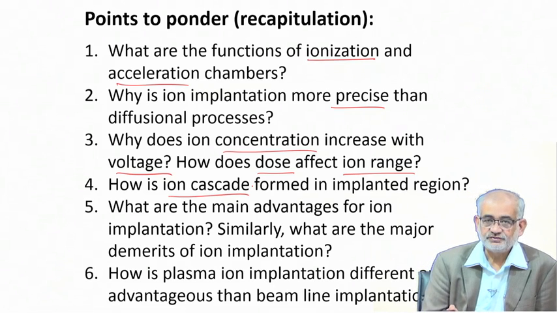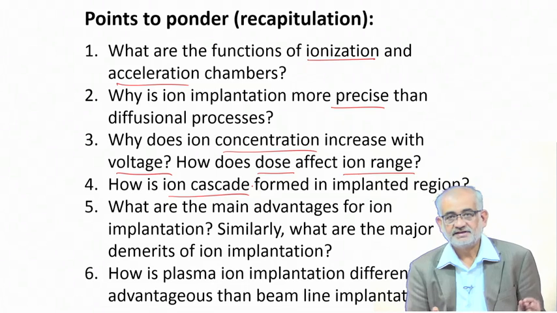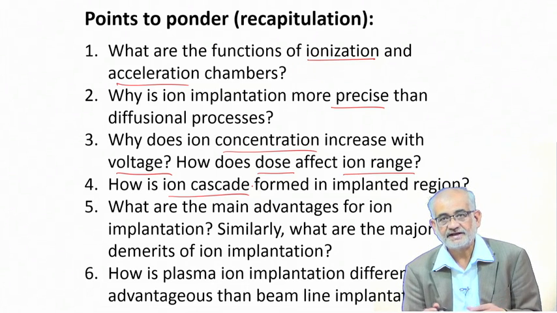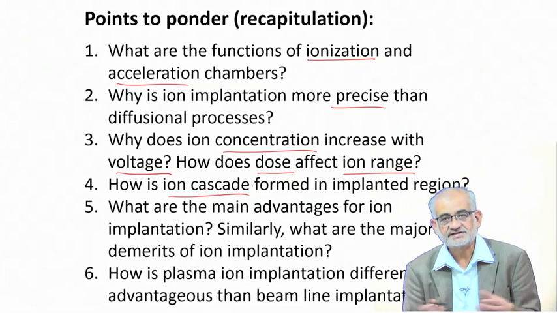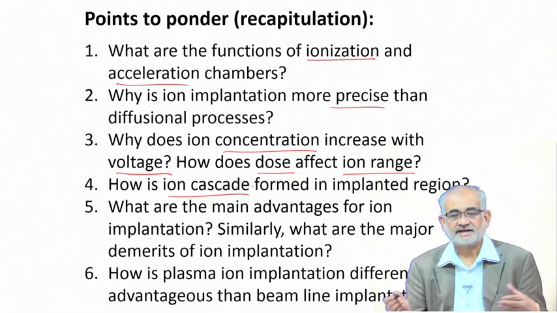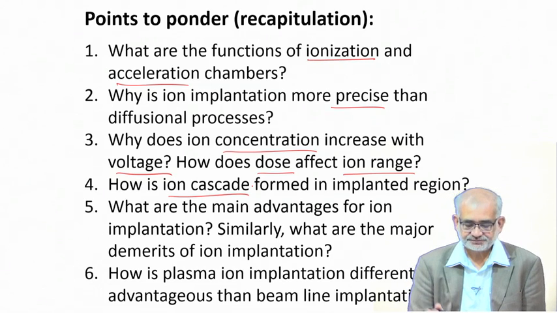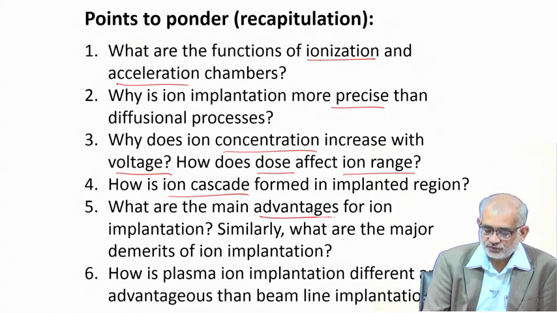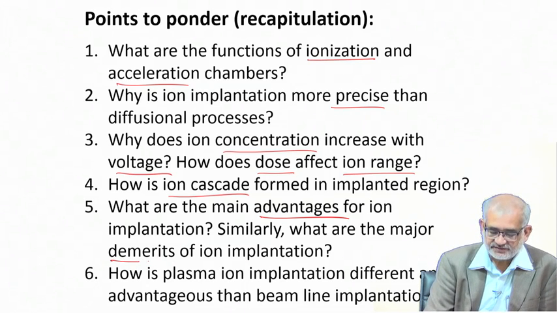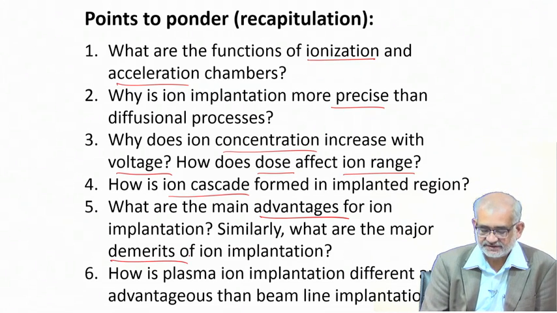So except for very few directions where channeling can happen, in the rest of the cases, the incoming ions will impact or collide with the existing ions, existing species in the lattice, at the surface, or a few atomic layers below the surface. And one hits another, and that's how a cascading effect happens, and this goes deep down inside. So there are both advantages and disadvantages, and we have discussed some of them clearly.